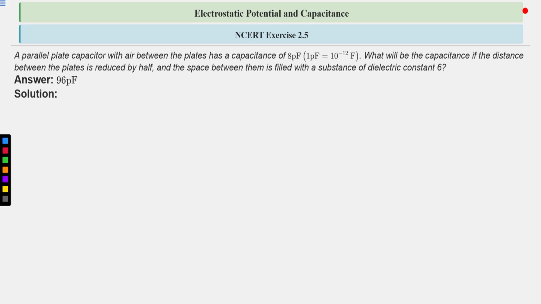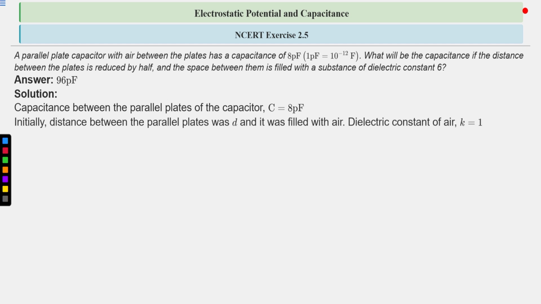So solution: the capacitance between the parallel plates of the capacitor is 8 picofarad initially, when there is air between the plates and the distance between them is d. The dielectric constant of air is K equal to 1.